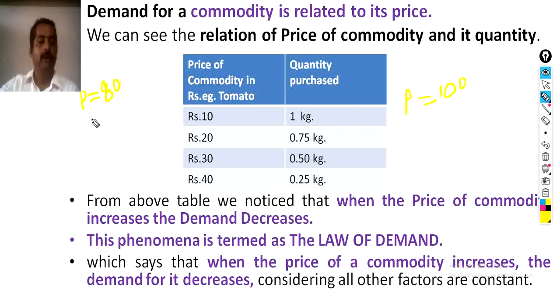When we used to come to college, we used a bicycle, one for a single person. Now when the price of petrol increases, we try sharing our motorcycle. Earlier a single person was traveling with his bike when petrol was 80 rupees.